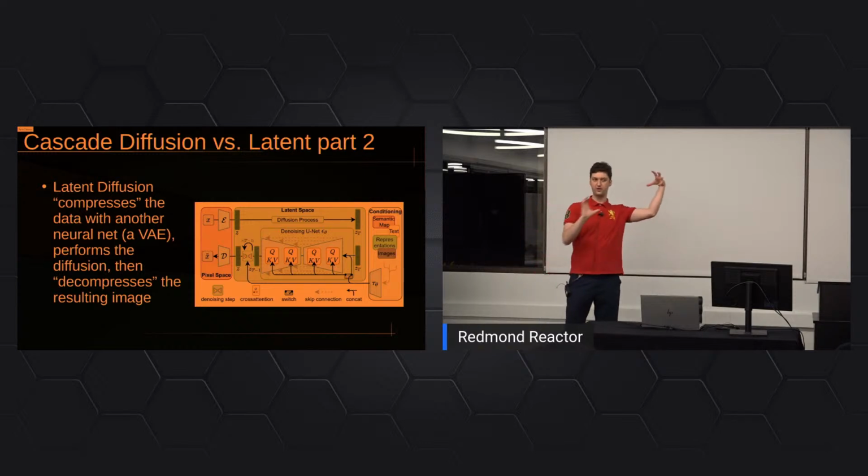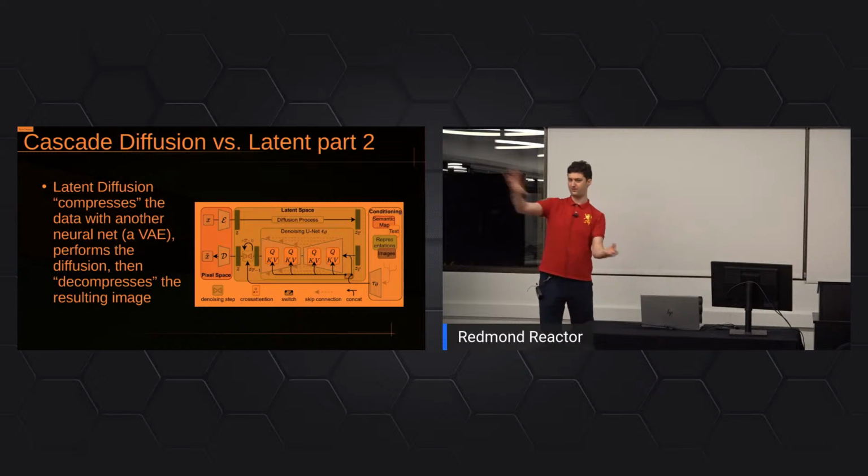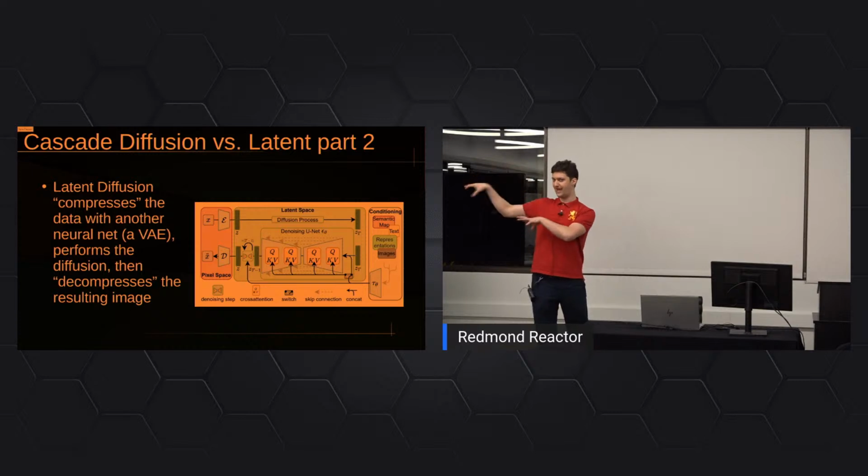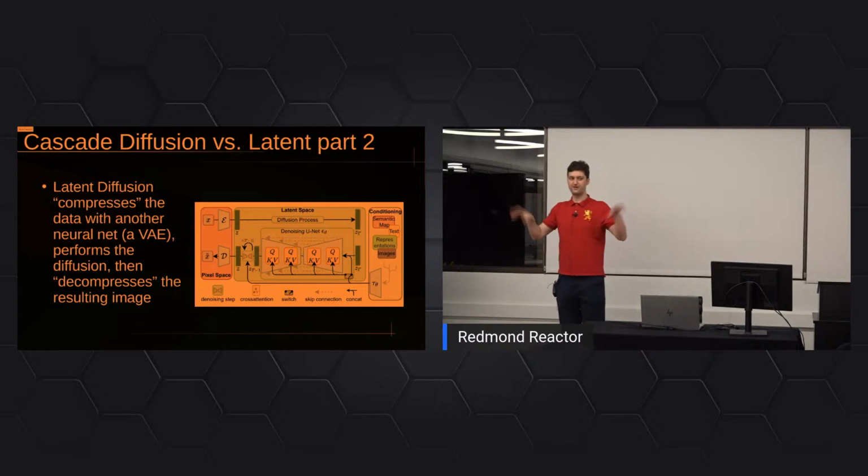Essentially, we crush down all of the images in our training set, and then we run this diffusion on them, and we learn how to diffuse the images, and then we take the outputs of that and decode them with the other half of the autoencoder, rather.